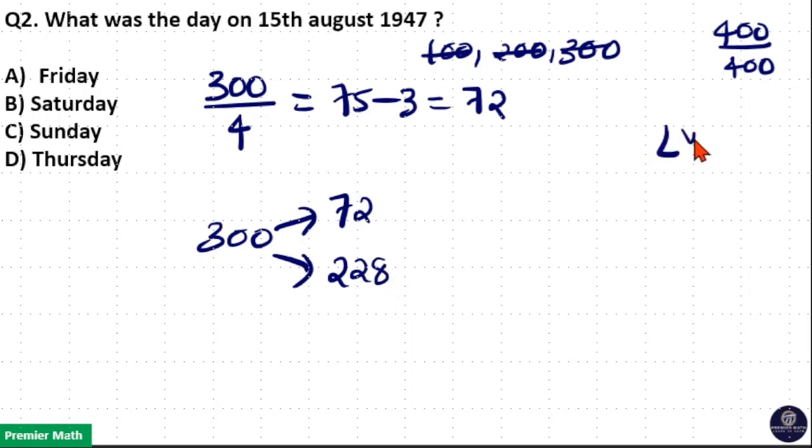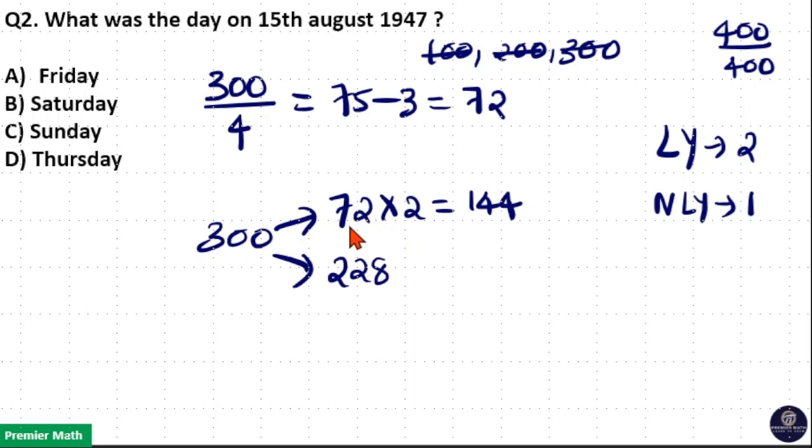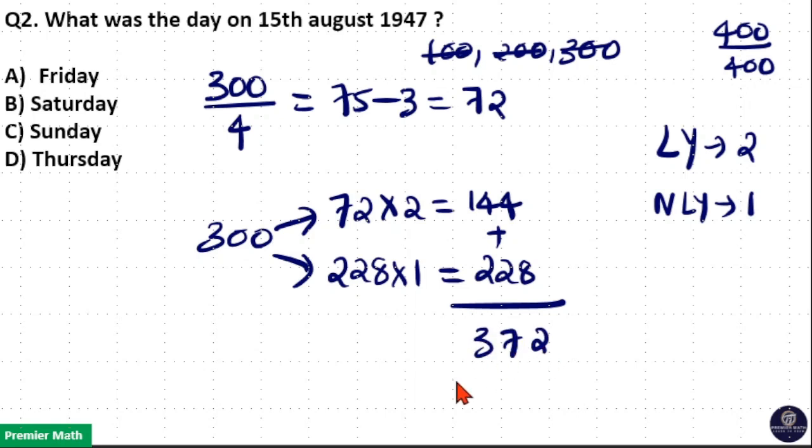Now in a leap year there are 2 odd days and in a non-leap year there is only one odd day. So 72 into 2 is 144. That is, there are 144 odd days in 72 leap years. And 228 into 1 is 228. Now if you add these together, this will give you 372.